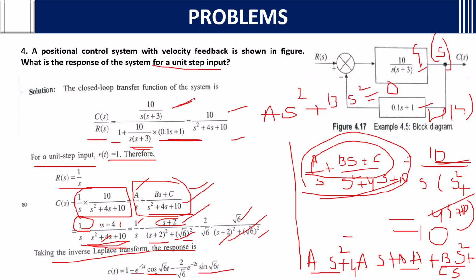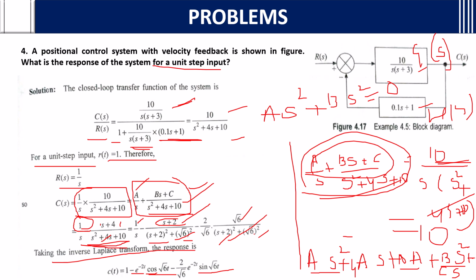Because there is no s square term on the other side, only 10 is the value you have. The a value is 1 already, so you get s square plus bs square equals 0. Let it be like that.